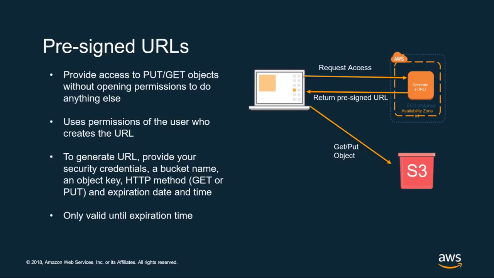And then it essentially uses the permissions of the user who generates the URL, and they can give that URL to the intended audience who wants to be able to put or get objects in S3.